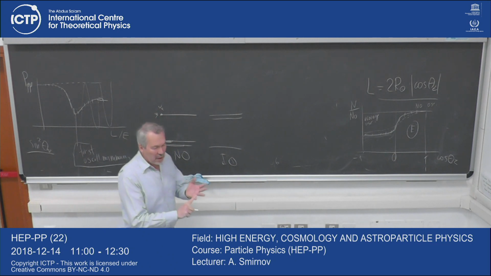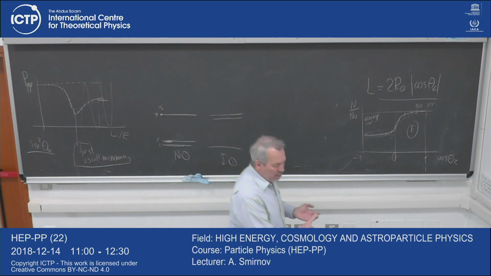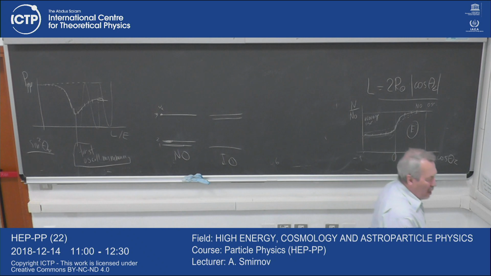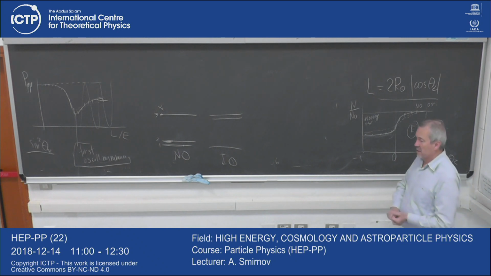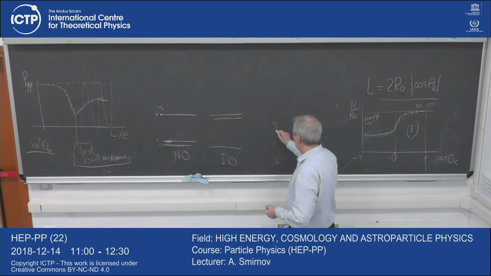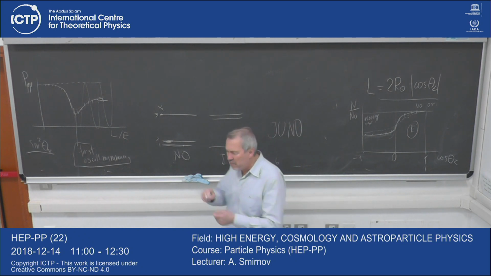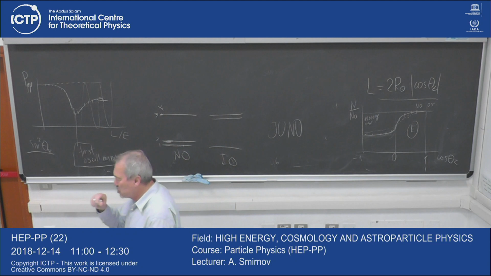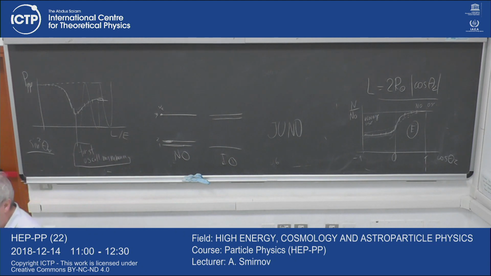So supernova neutrinos, then these Orca and Pingu experiments, and then Juno experiment in China. What they want to do is to have very precise measurements of distortion of the energy spectrum from reactors.